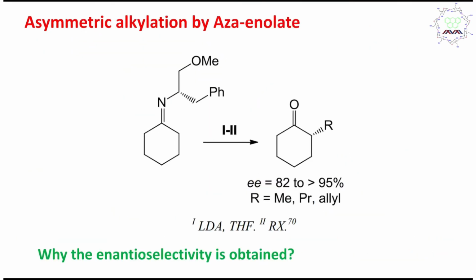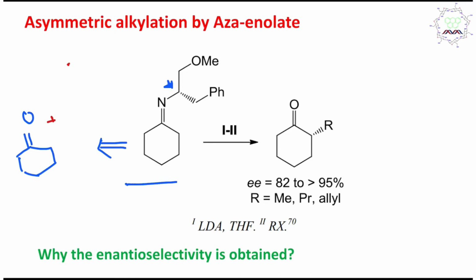Now let's come to another very interesting example, that is asymmetric alkylation by azaenolate. Question: why asymmetric? Because in this case an asymmetric center is there. So you may consider this is actually an asymmetric imine, and it is produced from the corresponding cyclohexanone. So this is the carbonyl.